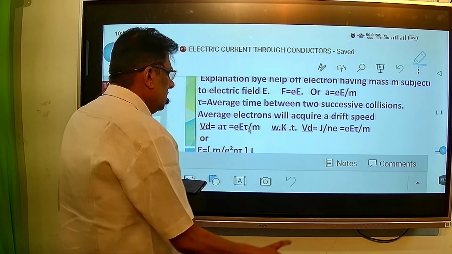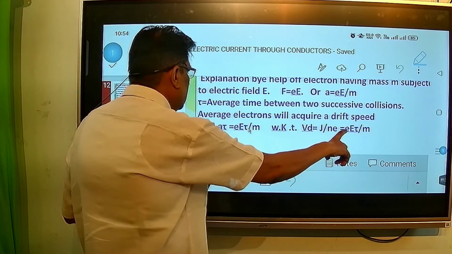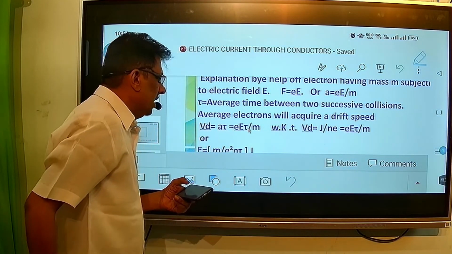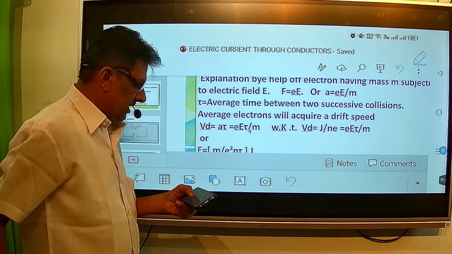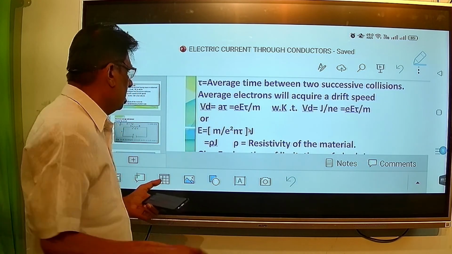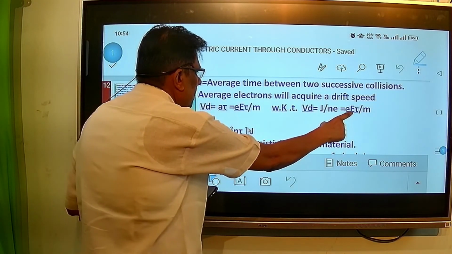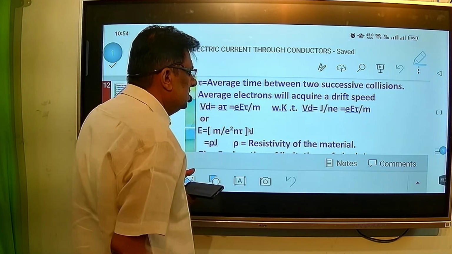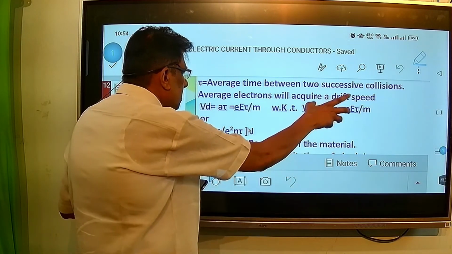Now this J upon Ne is nothing but eE tau upon m; we have equated it. Finally, if I write in the form of intensity, I just change the position of the terms in that equation.